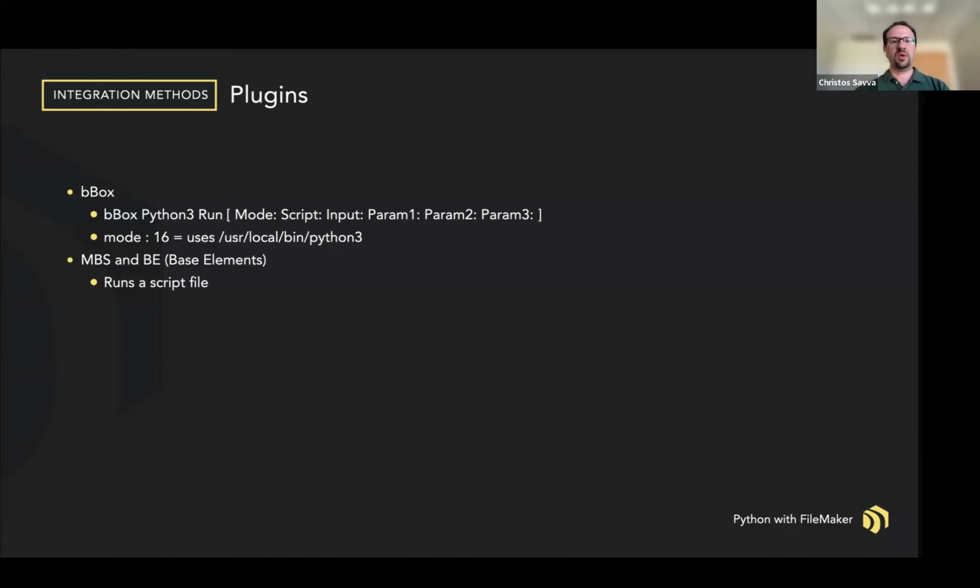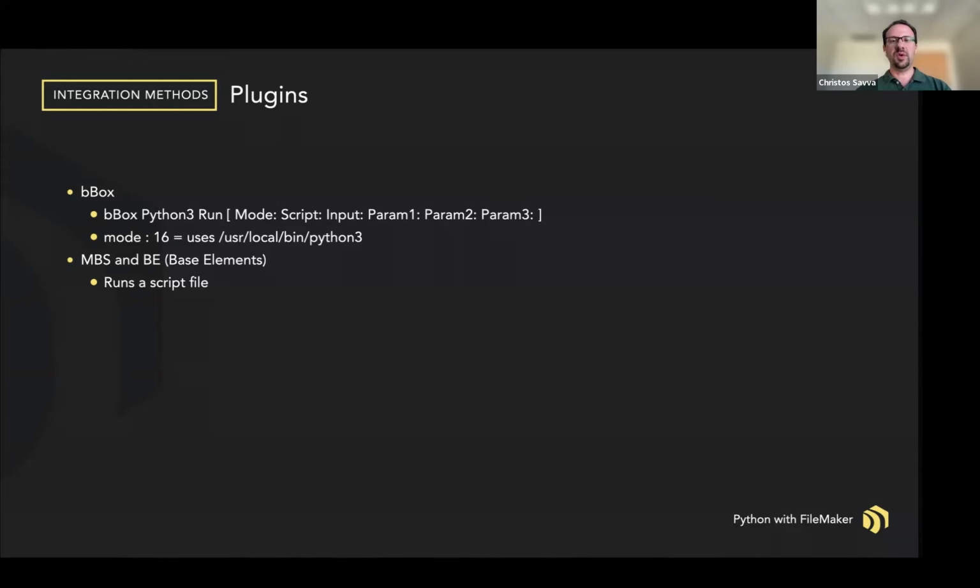First of all is our home brew plugin, BBox, which you can pass your Python script in as text, along with the different parameters to this script. Specifically mode 16.